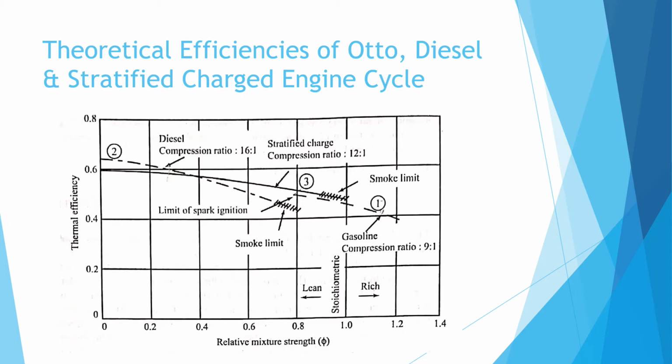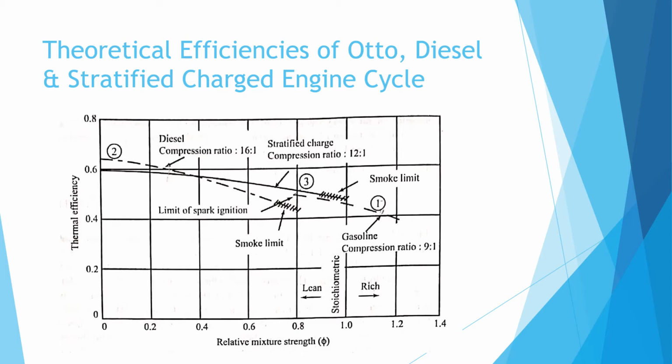It can be seen that the part load efficiency of the stratified charged engine is much better than the gasoline engine of comparable compression ratio and almost approaches the efficiency of the diesel engine.